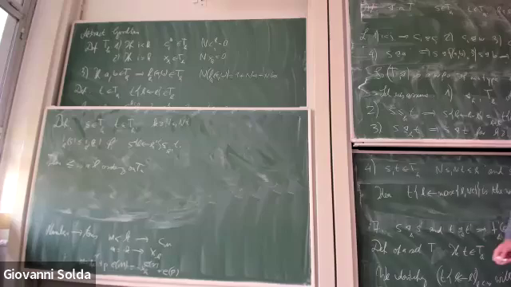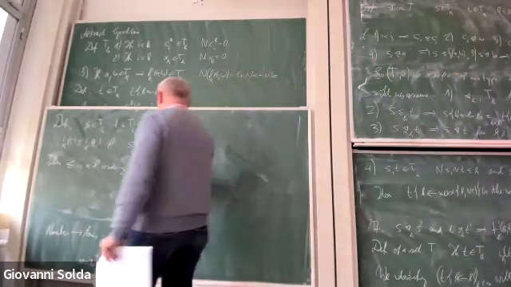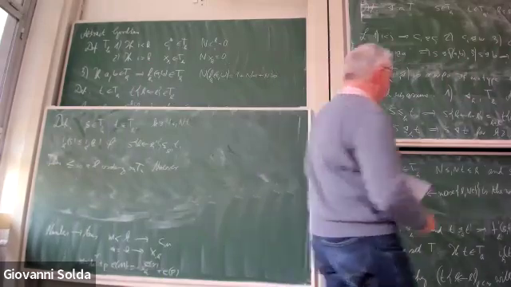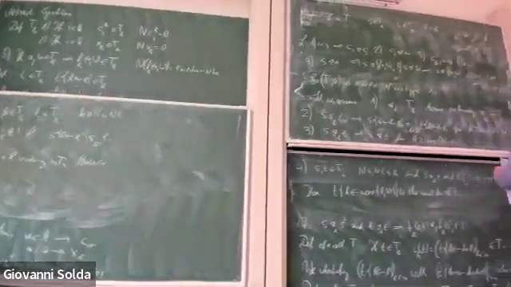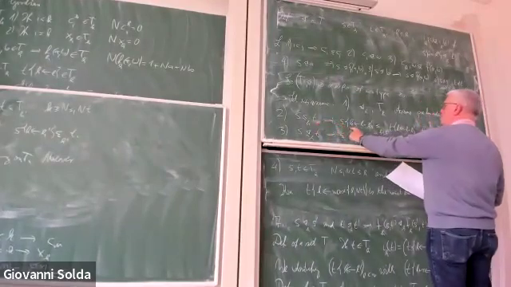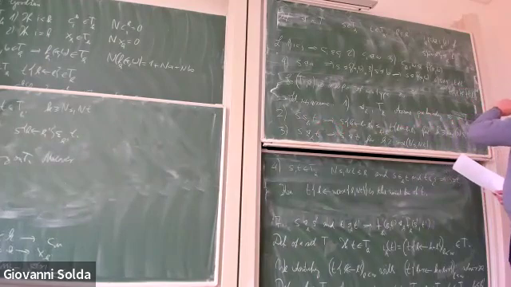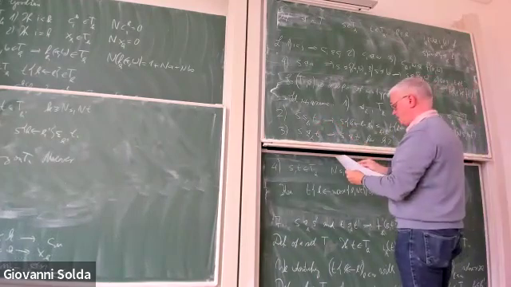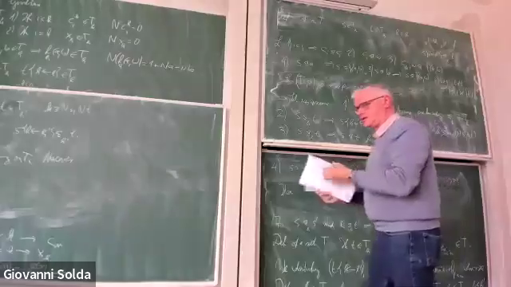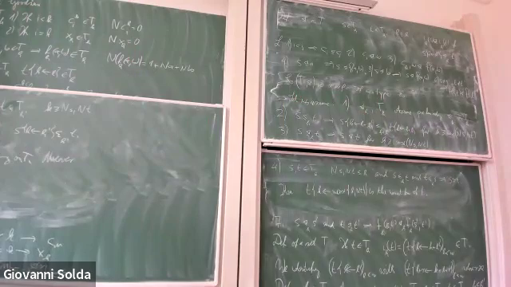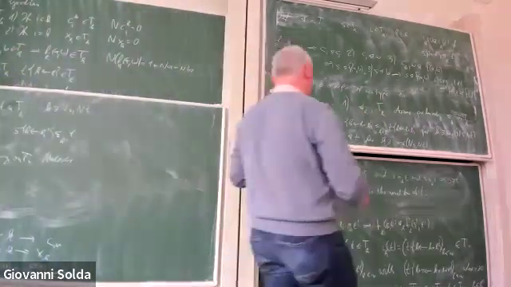Moreover, we have this property. No, this. What do I want to have here? Maybe this is wrong. Here's something wrong.